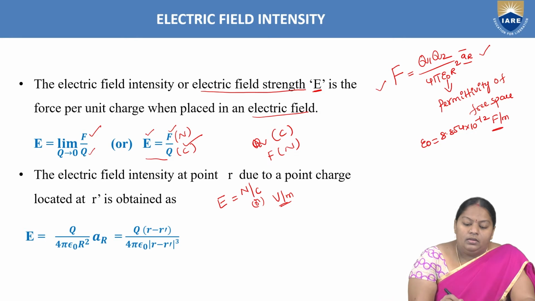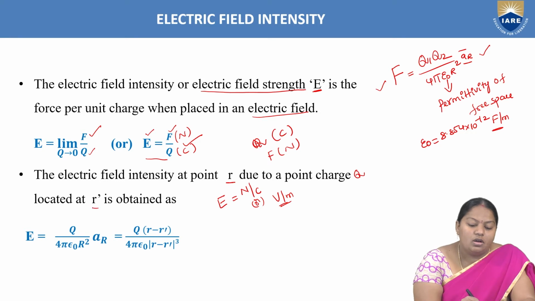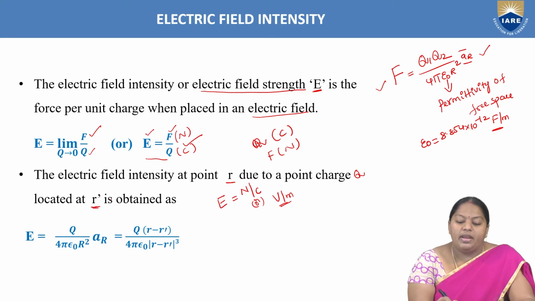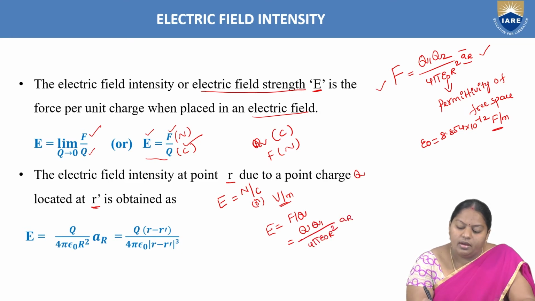Then the electric field intensity at a particular point R due to a point charge Q located at a certain distance called R dash is obtained as follows: if E equal to F by Q, then we substitute in place of F the Coulomb's force equation Q1 Q by 4 pi epsilon naught R square into AR.